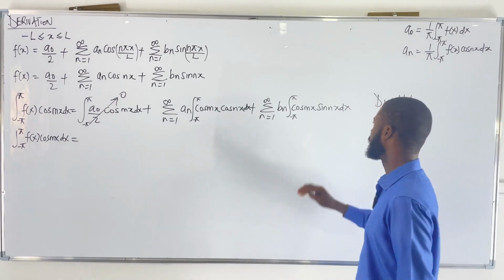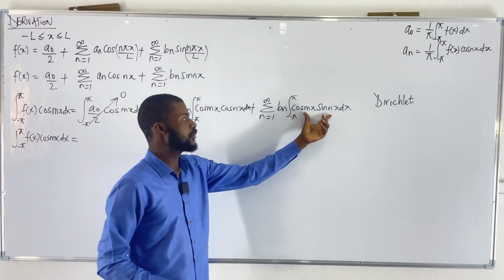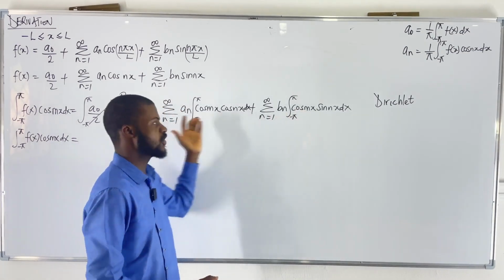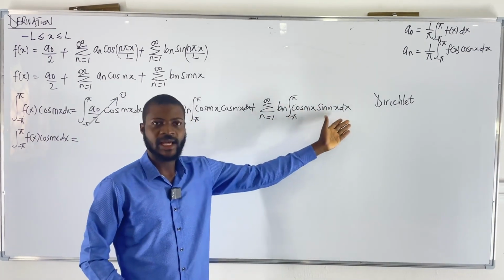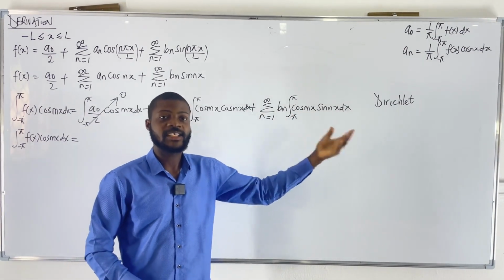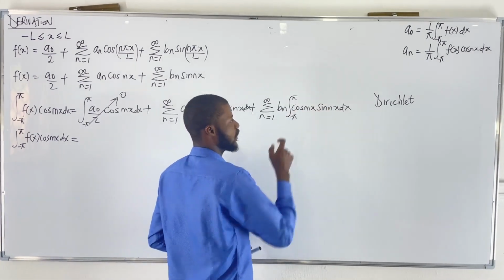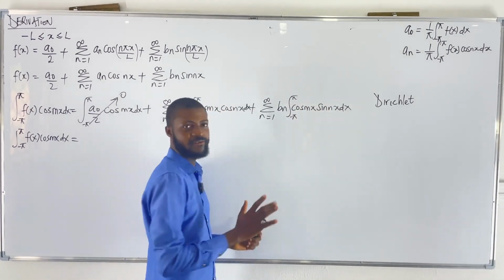Now I want to leave this one. Let me come here. What I'm trying to do here is this. Remember, the reason for me to multiply every single thing here by cosine is to know how much of cosine I have in a particular expression or a particular function. Now, if I am multiplying cos and sine together, these two things are different functions.